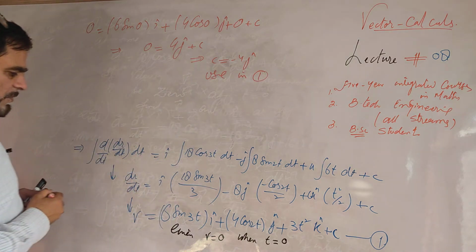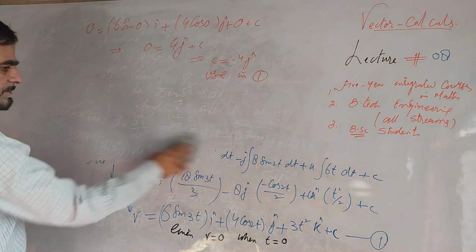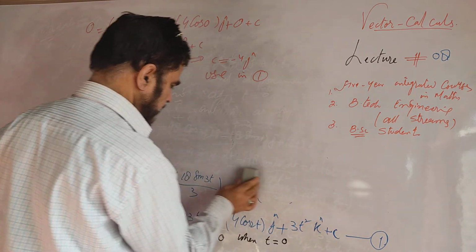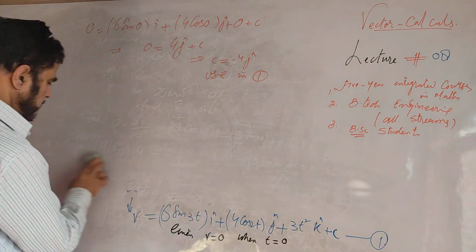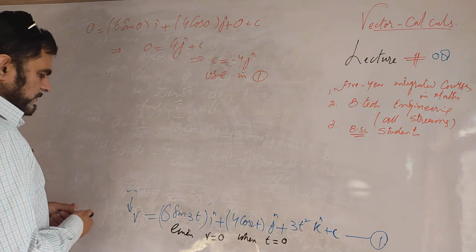We use this c in the first equation, and we will get the velocity. Now we get the required velocity.